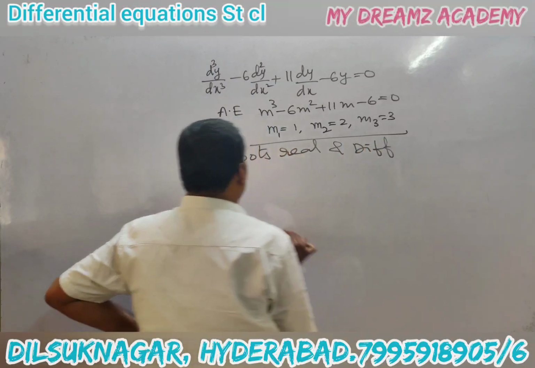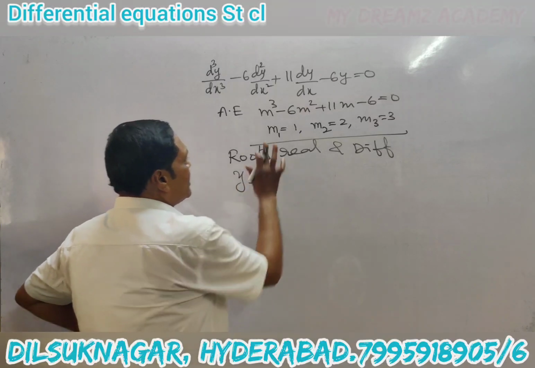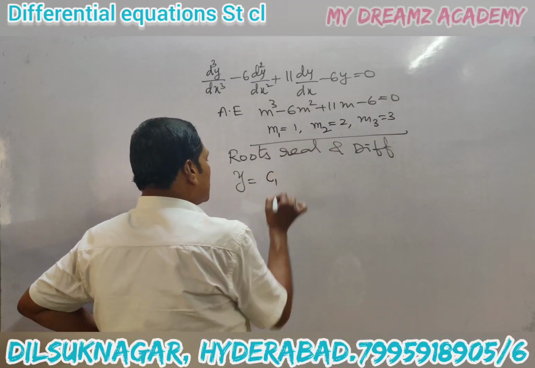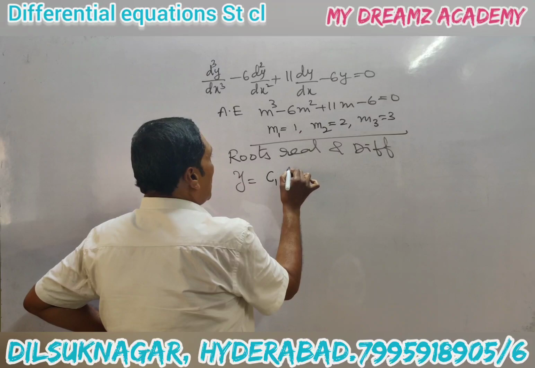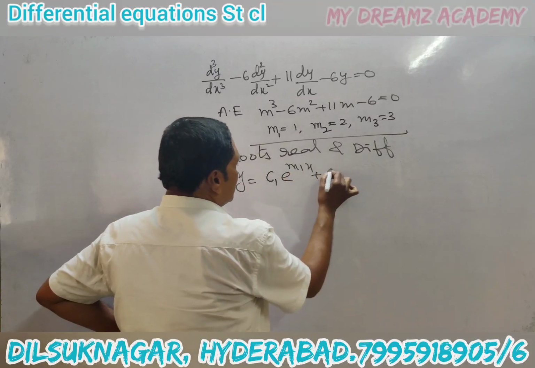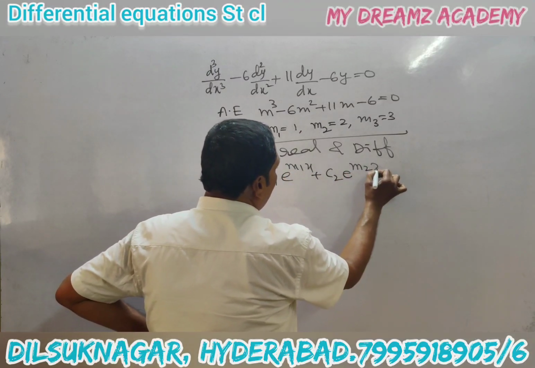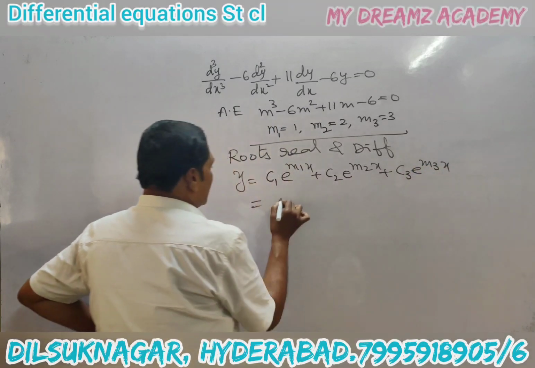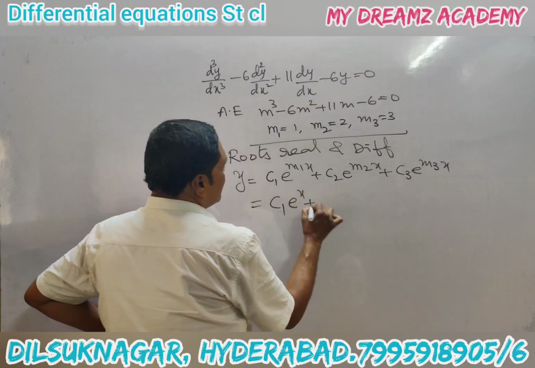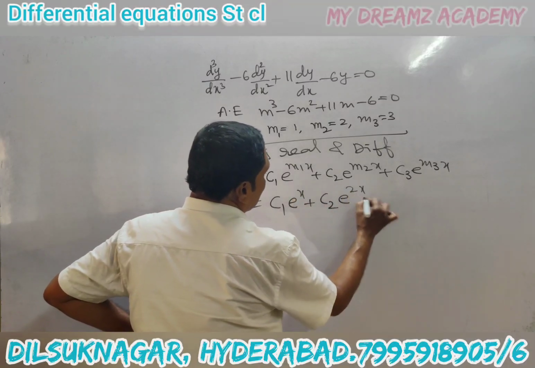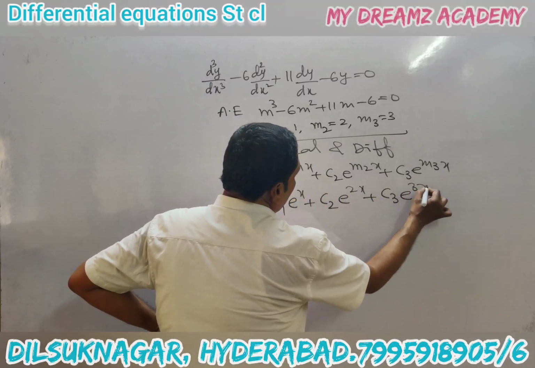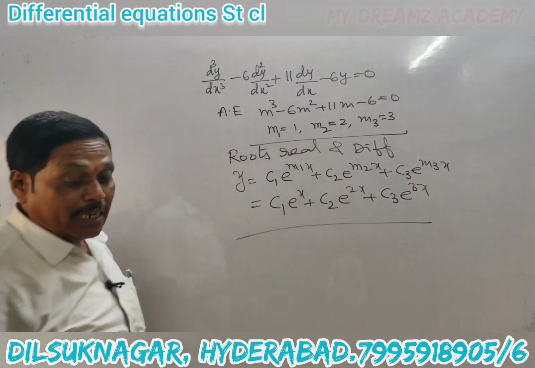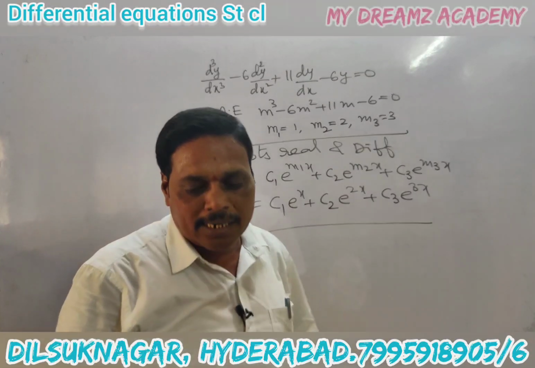For different roots, what you have to write? y is equal to, for three roots, three constants, c1 e power m1x plus c2 e power m2x plus c3 e power m3x, which is c1 e power x plus c2 e power 2x plus c3 e power 3x. This is the general solution, even if it is a higher order.